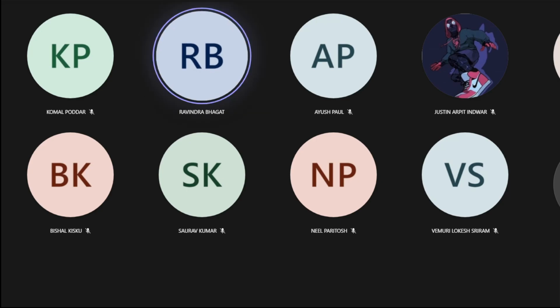When we talk about the states, how is the chief minister elected? So you know who will be the chief minister of Uttaranchal? Anyone from Uttaranchal? 53 members have joined in this meeting. Anyone from Uttaranchal? Is there someone?